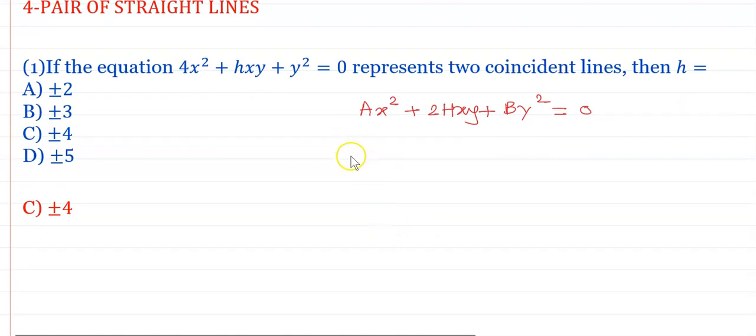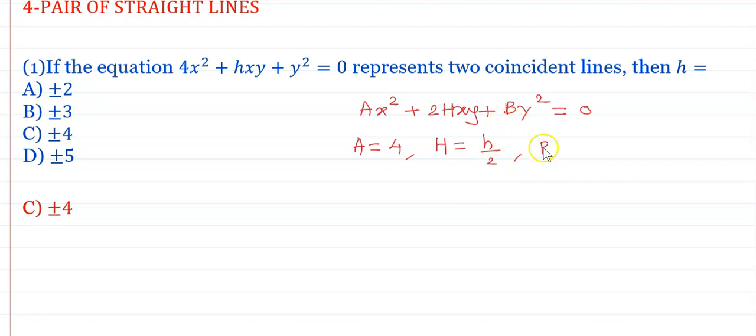And here you will get the value of capital A is equal to 4. Next, capital H is equal to small h upon 2, and capital B is equal to 1.